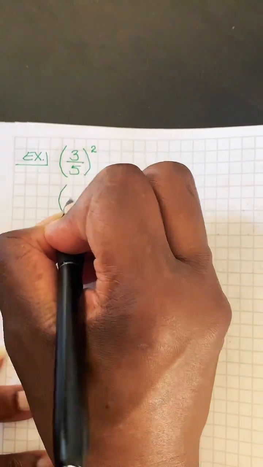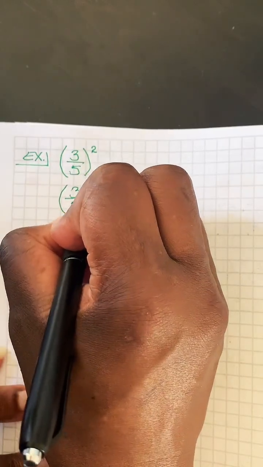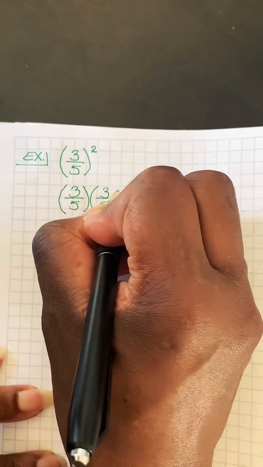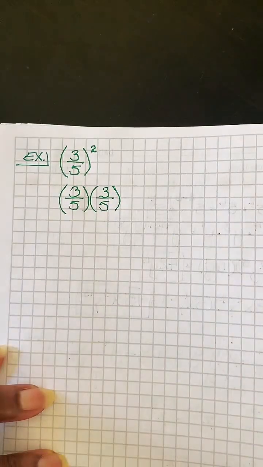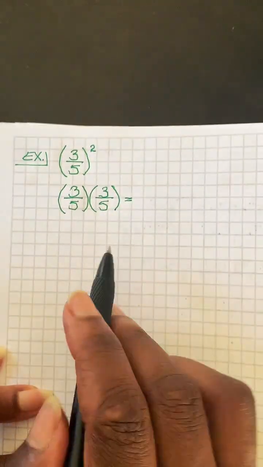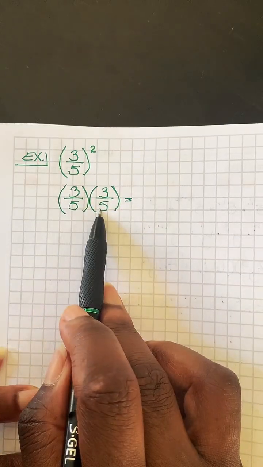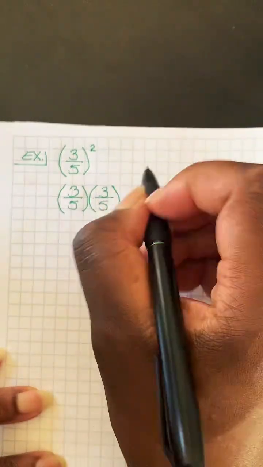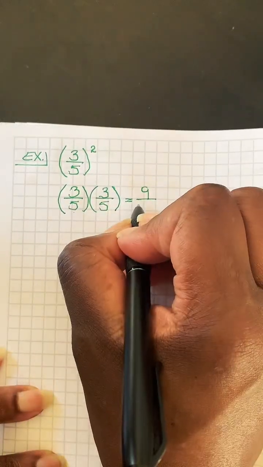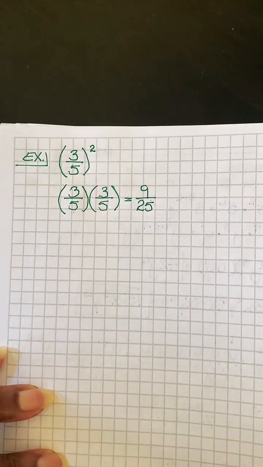So it could be represented in extended form as this: 3/5 times 3/5. And what we can do here is multiply straight across horizontally. So 3 times 3 gives me 9, and 5 times 5 would give me 25. That's one way of doing it.